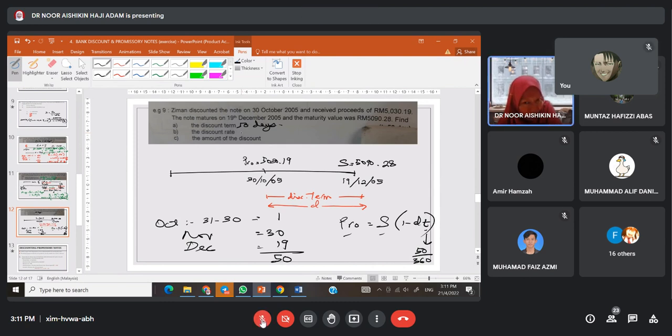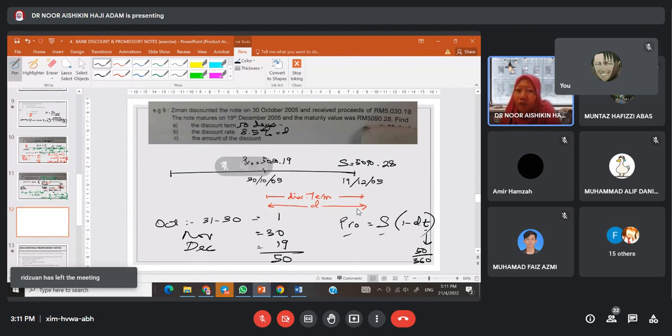What is the discount rate? Yang salah tadi boleh buat balik. 8.5%. Yes. Kena bagi persen ya. So this is small d. 8.5%.